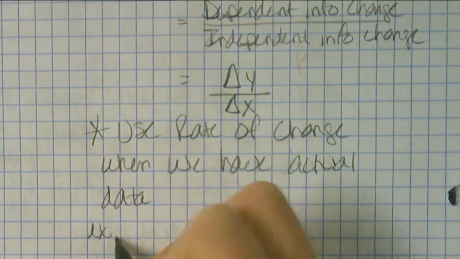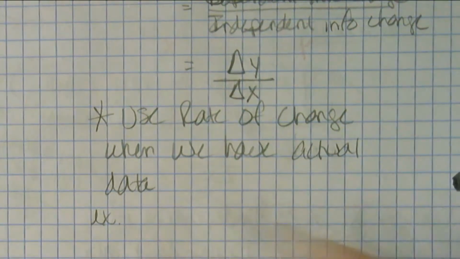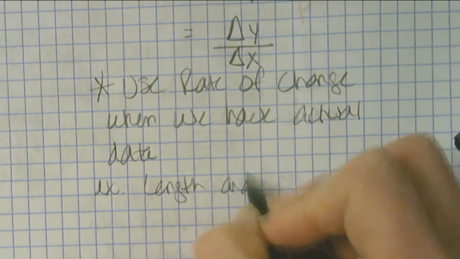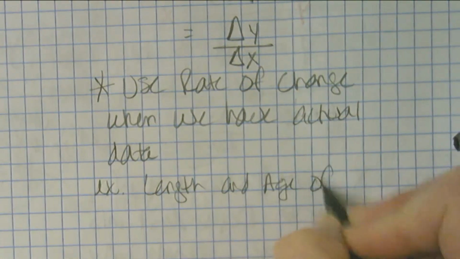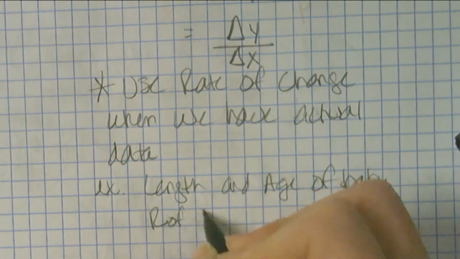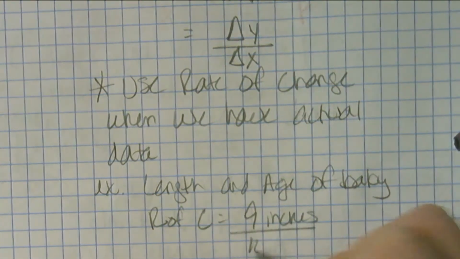For example, with the length and age of a baby, we came up with our rate of change of 9 inches in 10 months.